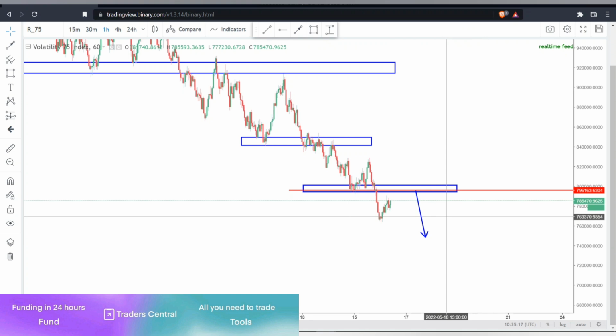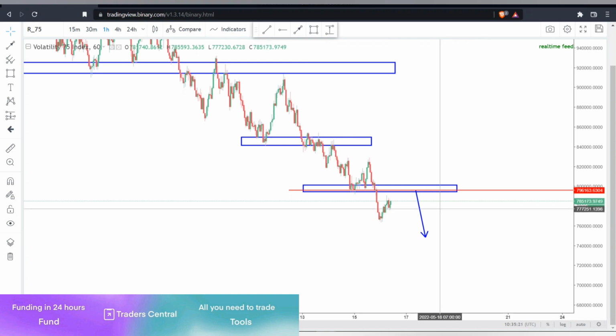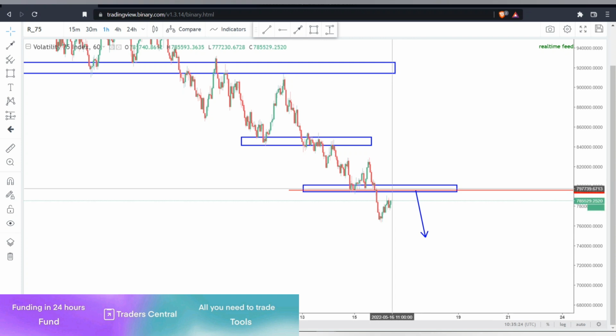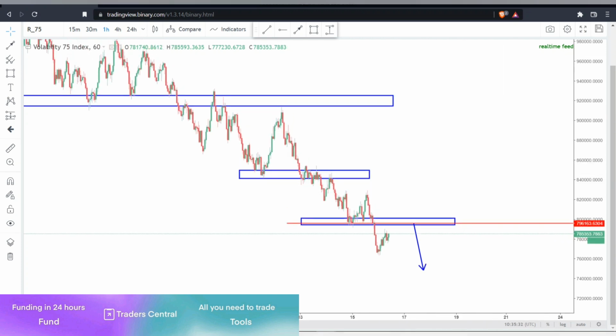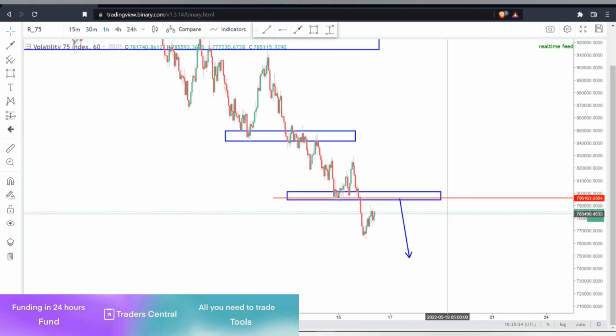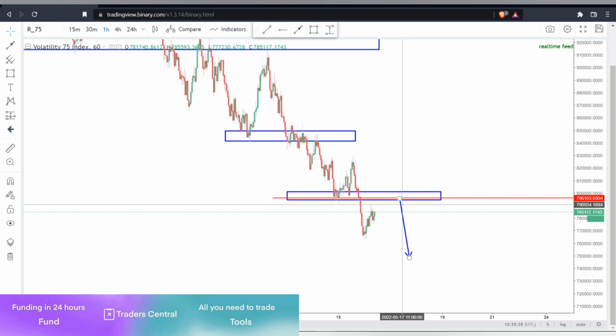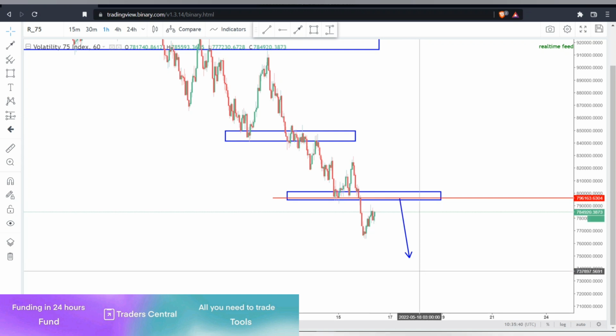If the market comes to this zone but fails to give us weak rejections, that trade will be out of my reach. I'll not take that trade, even though the market may try to play with my emotions and go into my predicted direction.